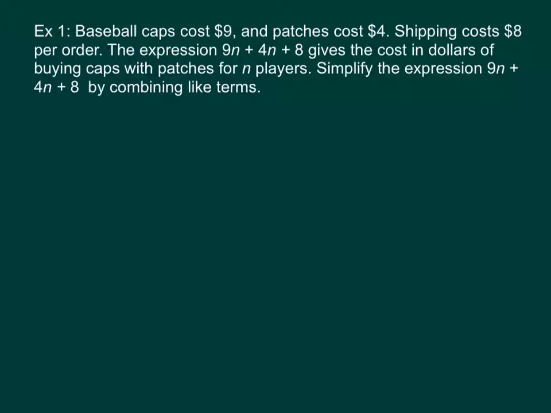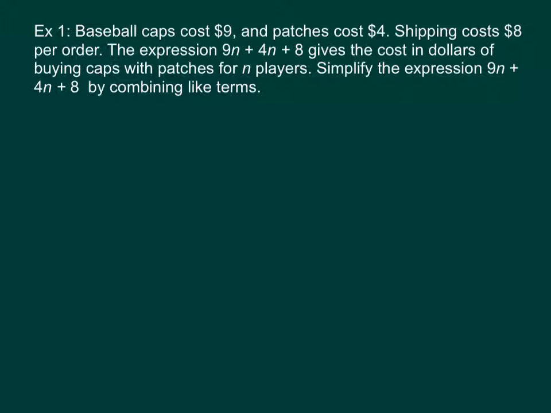So if we had a certain number of players and they each got their own cap and their own patch plus an order for shipping, we would have 9n plus 4n plus 8. So this is what it's asking us to do. We're going to simplify the expression 9n plus 4n plus 8 by combining like terms.